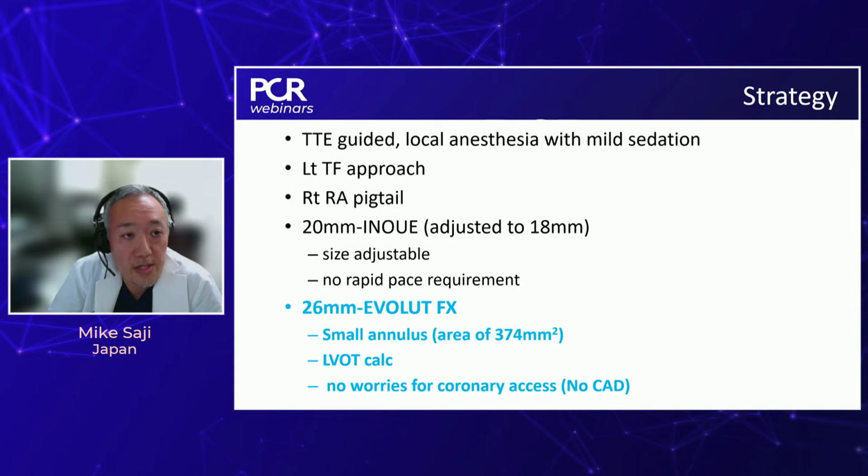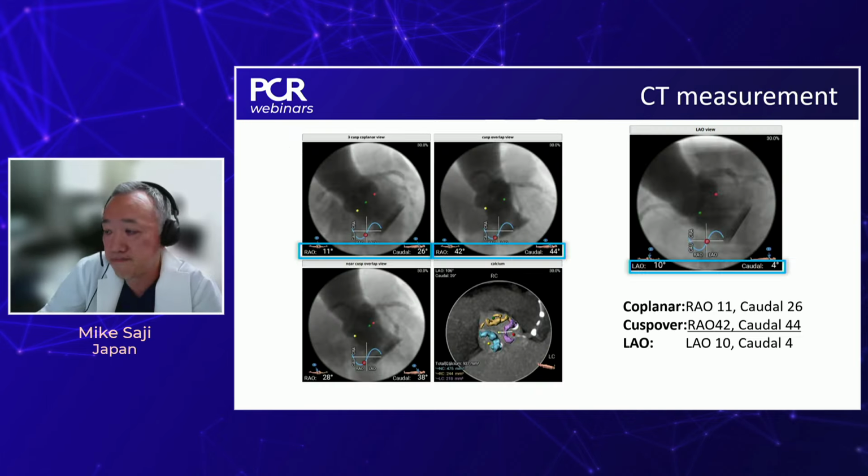We decided to deploy the 26 millimeter Evolut FX because of the small annulus and LVOT calcification, and no worry for coronary access because there's no coronary artery disease in this specific patient.